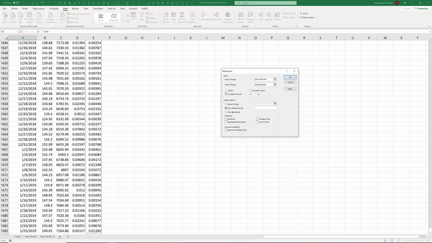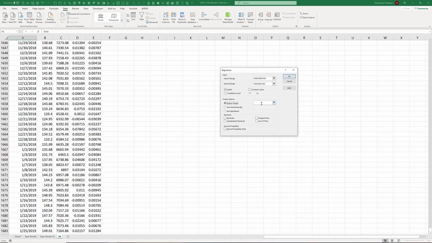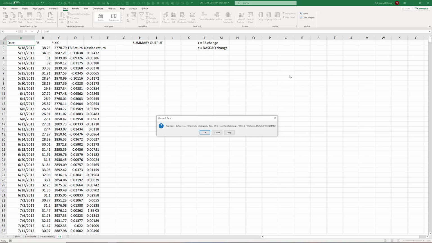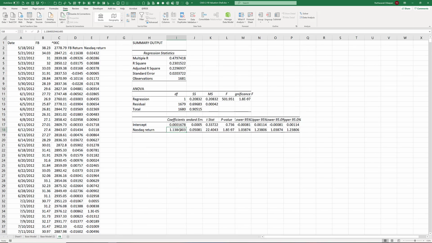Because the first cell is the label, we have to check label, and then we want output range. Let's put the output here, and click OK. Now here is the coefficient. That will be our mean beta, and this is the standard error. That will be our standard deviation.